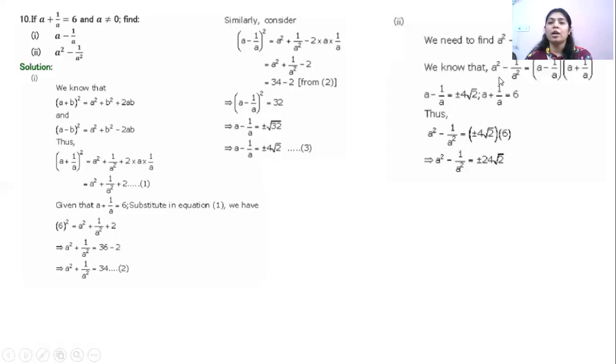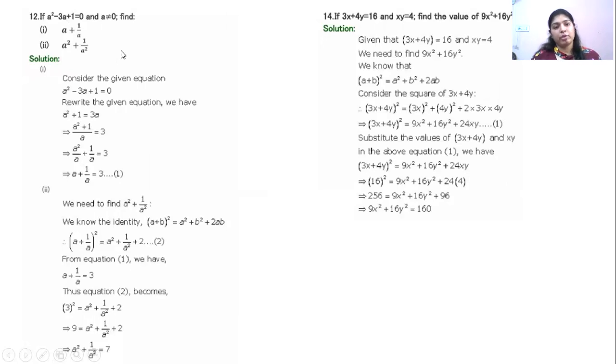We all know the formula that a² − 1/a² equals (a − 1/a) into (a + 1/a). Apply both the values and we get a² − 1/a² equals ± 4√2 into 6. 6 into 4 is 24, √2 as it is, sign plus minus as it is. So our answer is ± 24√2.